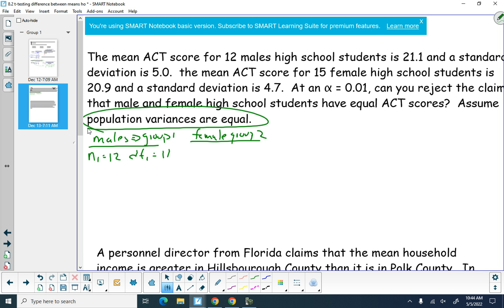We're doing the exact same information here. X bar 1 is 21.1. S1 is a value of 5. And then we have N2 is 15. DF2 is 14. X bar 2 is 20.9, and S2 is 4.7.